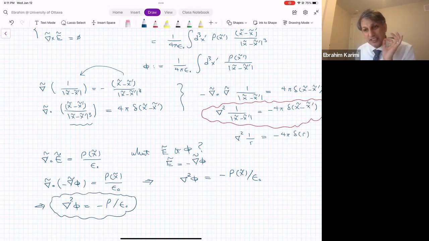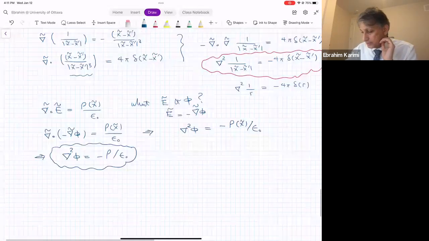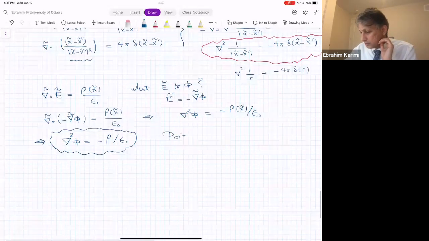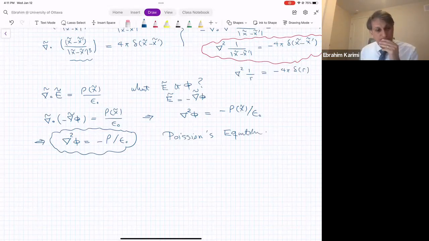And that's an essential part of our study. This is the Poisson equation. How do you find the potential? You need to solve the Laplacian.